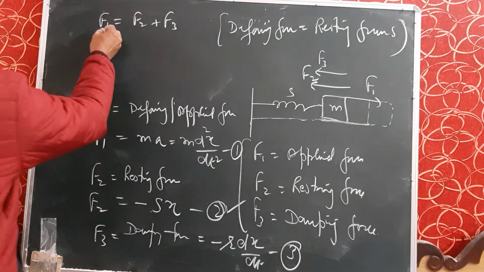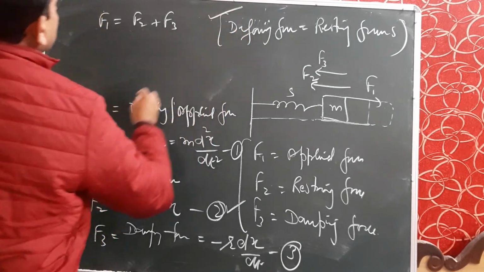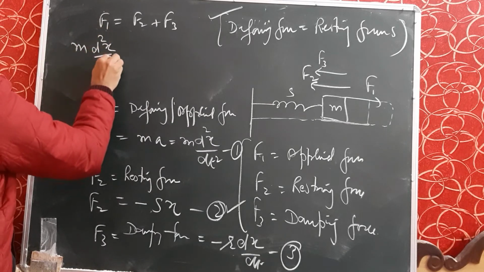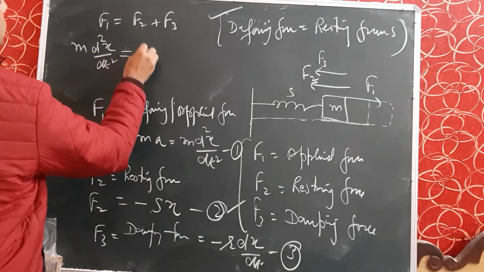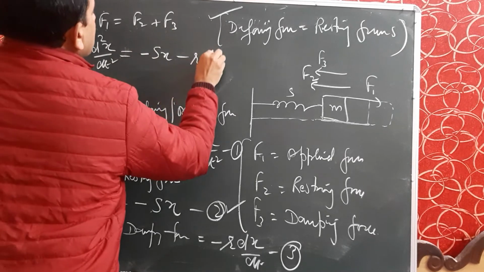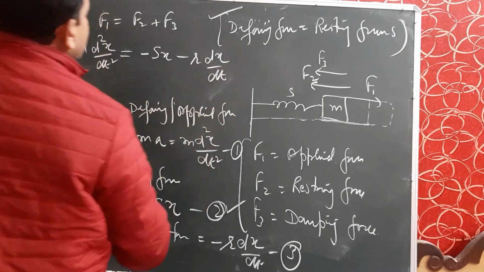So, F1, m into d square x upon dt square, is equal to F2, minus Sx, and F3, minus R dx upon dt.